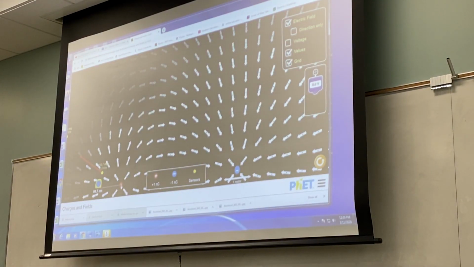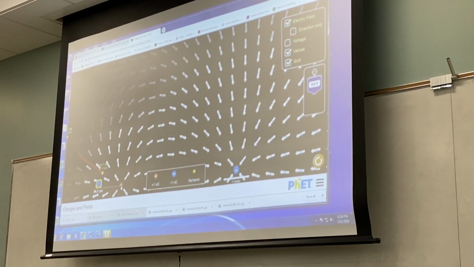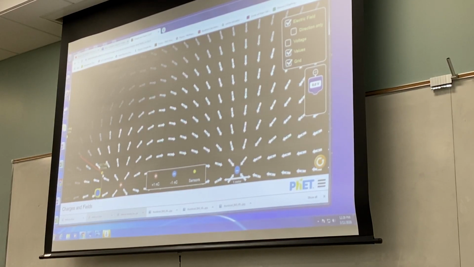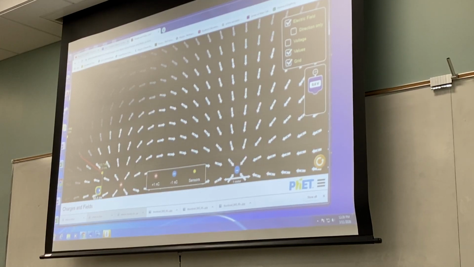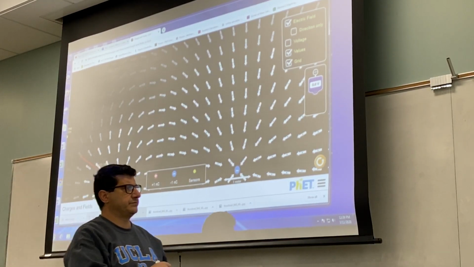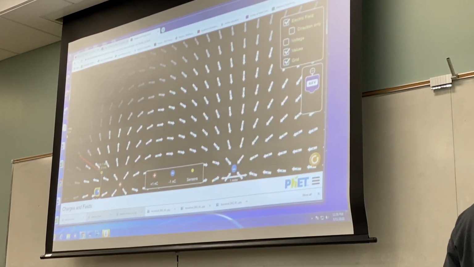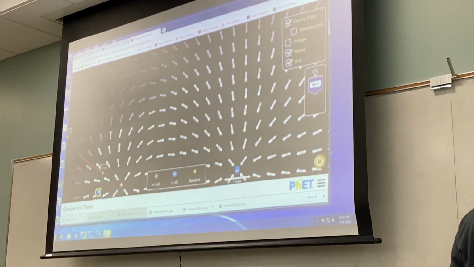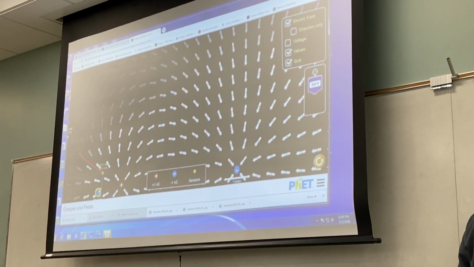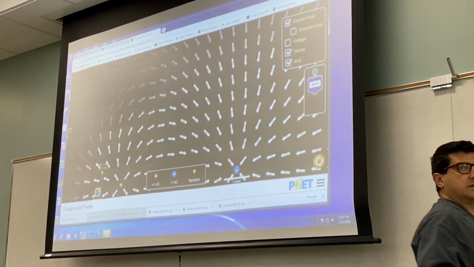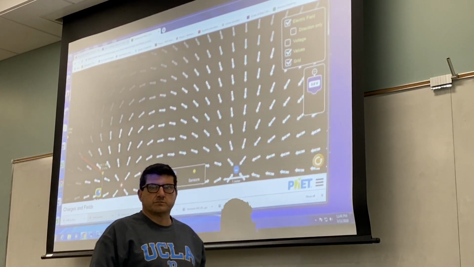Okay, 1 meter to the left of the positive, and half a meter up. So 1 meter this way, half a meter up. That makes it negative 3.5. Positive or negative charge?